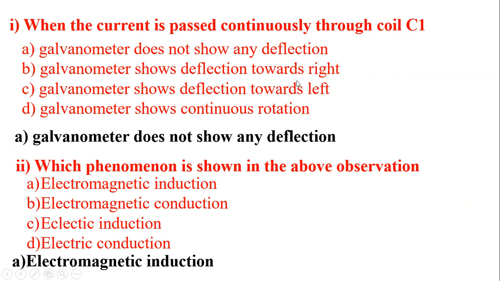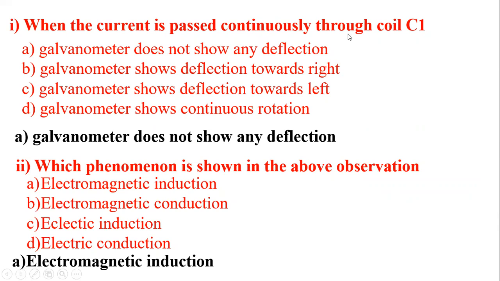If you give current continuously, the galvanometer will not give deflection. You can understand the concept from the definition of electromagnetic induction, from coil 1 to coil 2, how the induction is taking place.